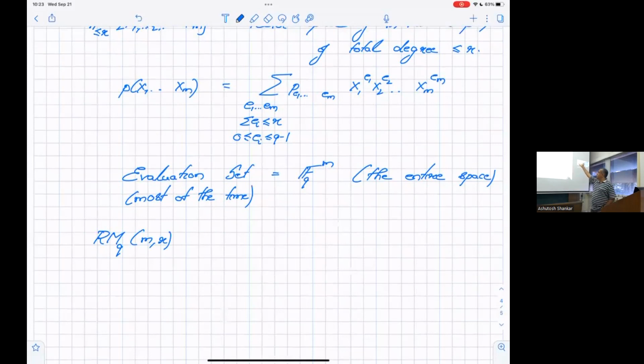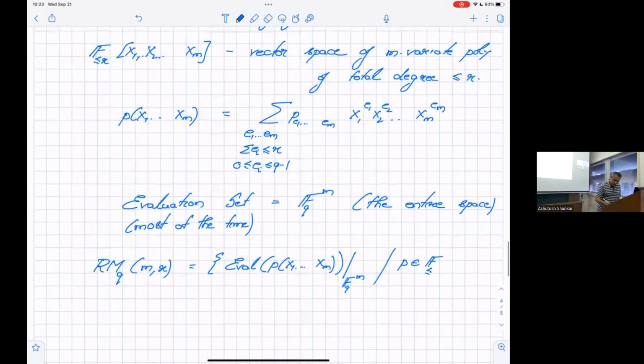Here, this number is not anything like the rate, so we're going to keep it. So, what is this? This is basically the evaluation vector of P(x1, x2, ..., xm) on the set F_q^m, where P is any polynomial in F_q of degree less than or equal to r in x1, ..., xm.